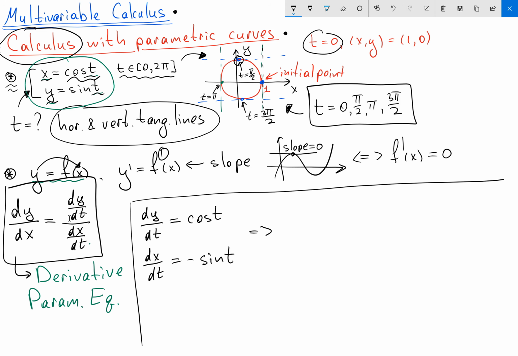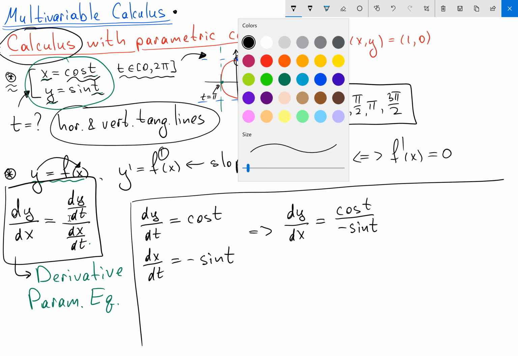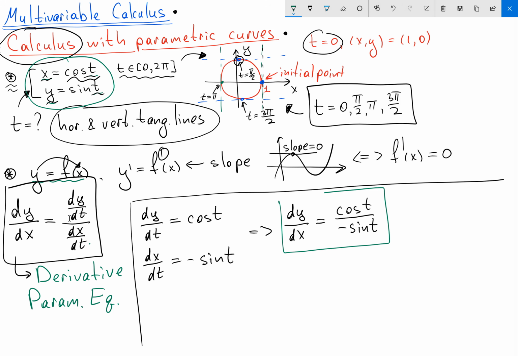From here I can conclude that dy over dx equals dy over dt over dx over dt, so in this case, cosine t over negative sine t. So what we did is derive the formula for the slope for these parametric equations.